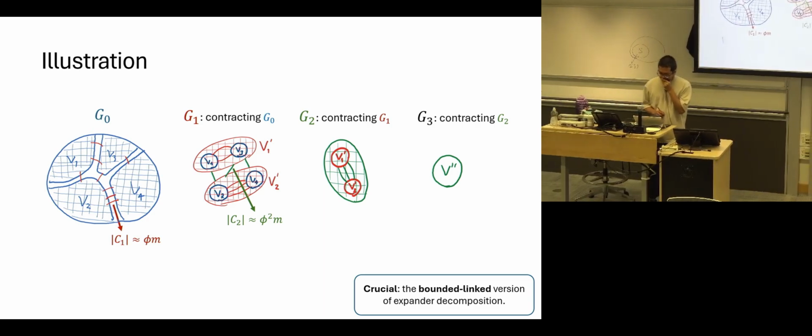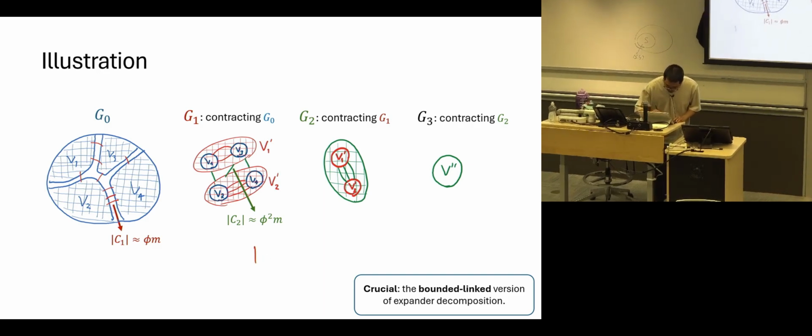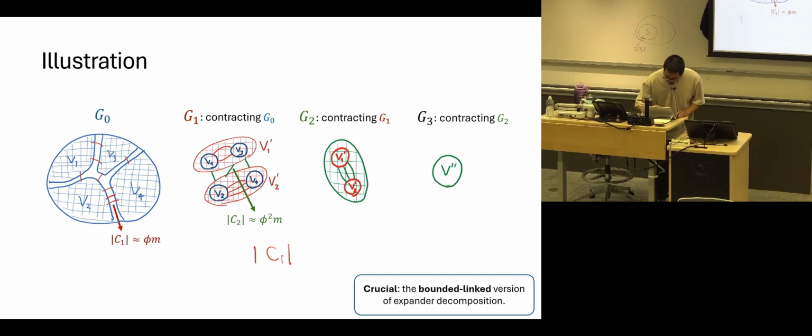So now you see that the size of C_i will be really just something like 2 phi log n to the i times m.